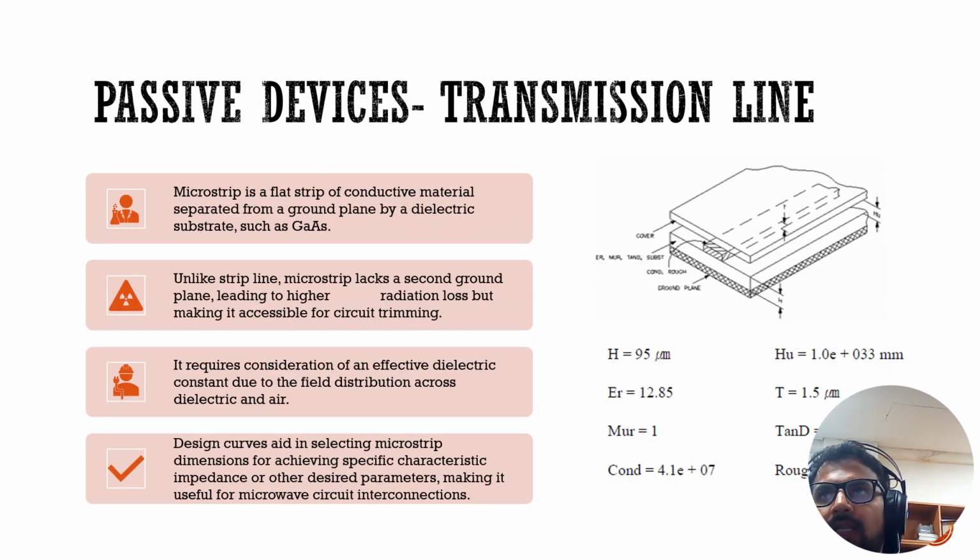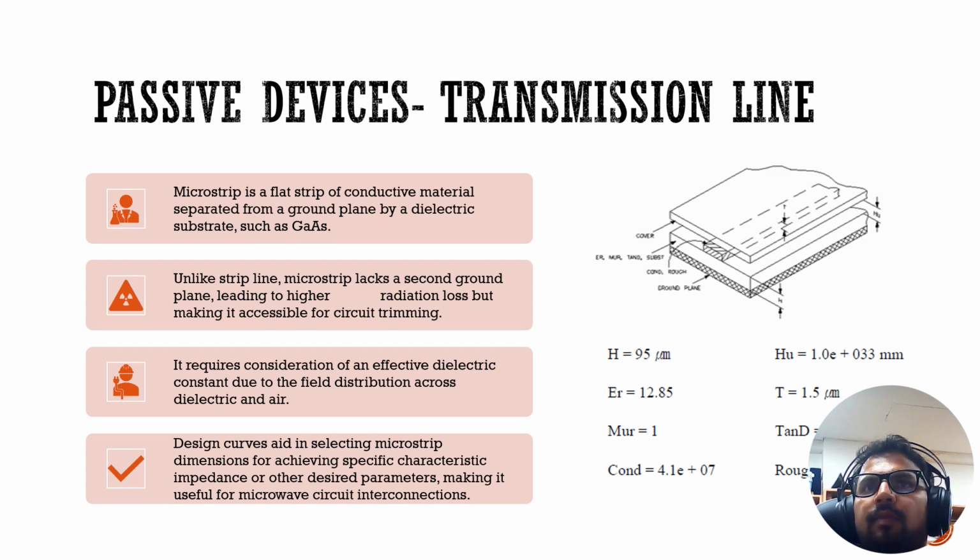Now we have the transmission line in the passive devices. So here you can see that a transmission line is represented with the figure, and we have microstrips, which is a flat strip of conductive material separated from the ground plane by dielectric substrates such as gallium arsenide.